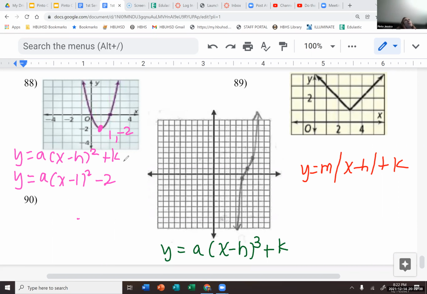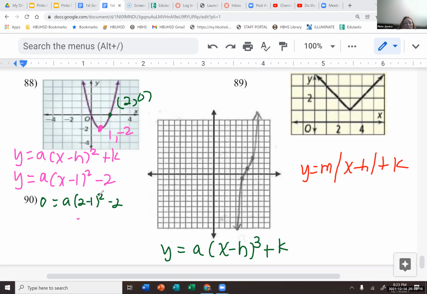I just realized I didn't put some of those functions into vertex form. Oh no. Now I see an ordered pair, 2, 0. So that's 2 for x and 0 for y. So I've got 0 is equal to a times 2 minus 1 squared minus 2.